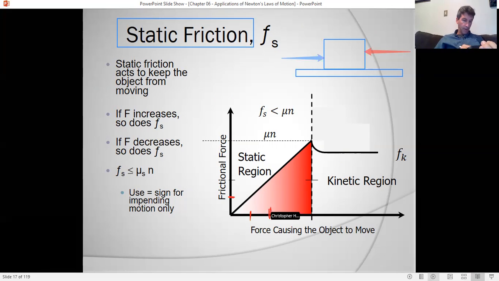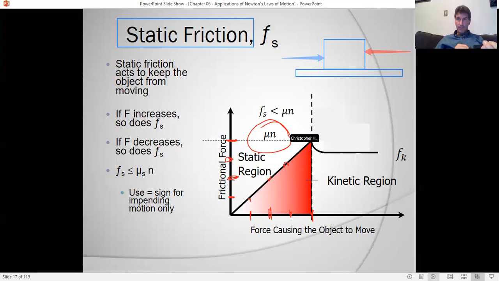Okay? Friction will balance that out. Push back with 2 Newtons. 3 Newtons. Friction says, no problem. As much as you go up, I'll keep going up and oppose trying to push on that box as much as I can. Eventually, at 4 Newtons, I will reach the limit for what static friction can do.